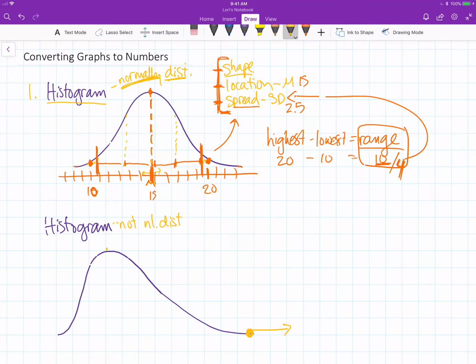The kinds of things that I want to point out to you are how that affects shape, location, and spread. If we were to have this move off to the right, then our peak, or the place that it would touch, like the tangent line, let's say, is right here.